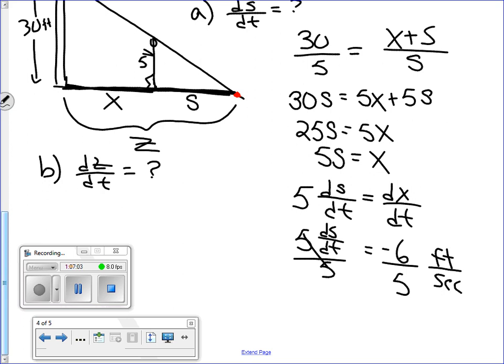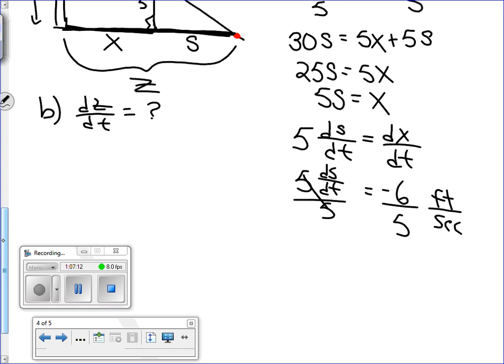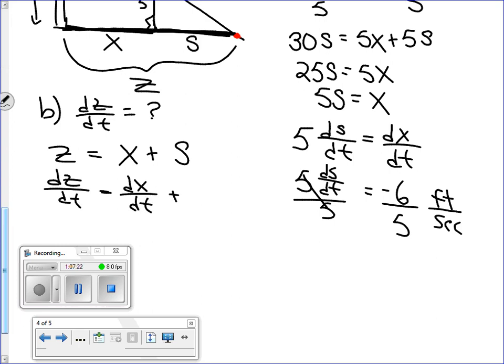At this point, we know what dx/dt is, and we know what ds/dt is. So the easiest way to do this is to write an equation: z equals x plus s. So dz/dt equals dx/dt plus ds/dt.